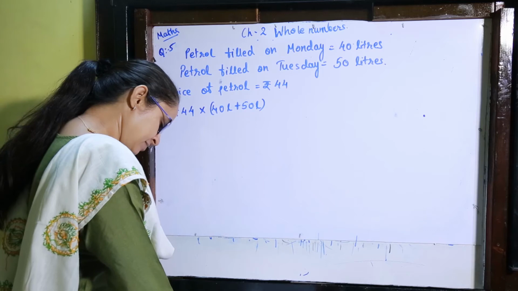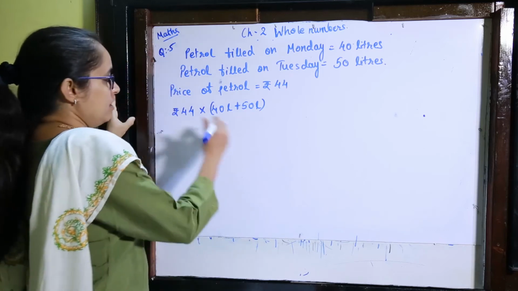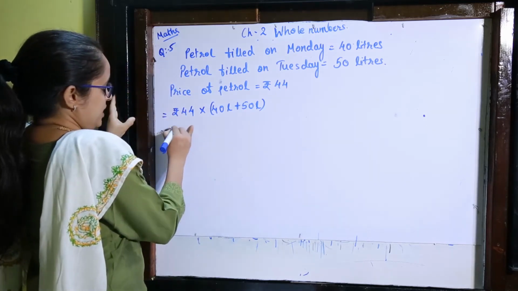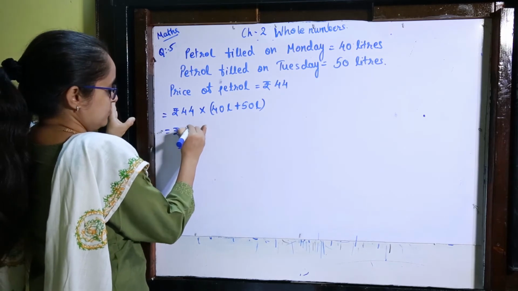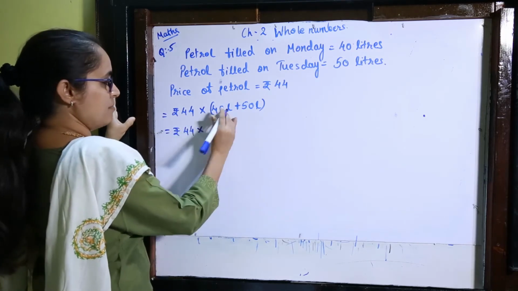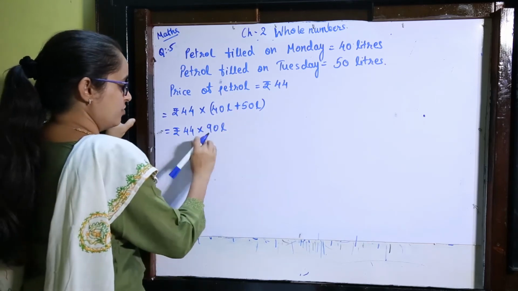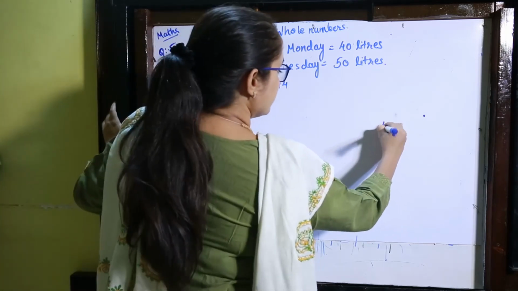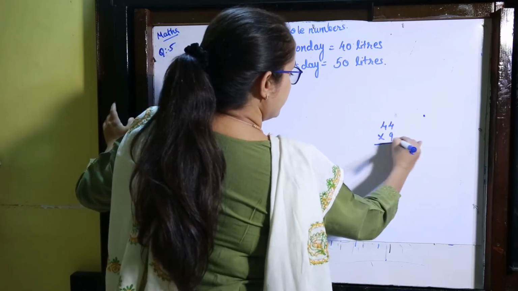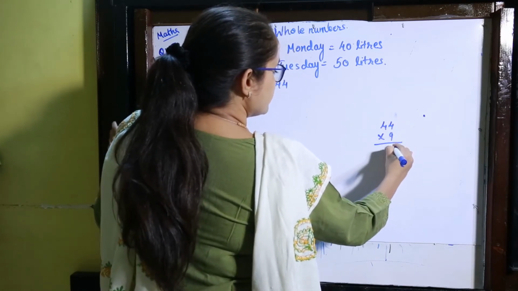So it will be rupees 44 multiplied by 50 plus 40, 90 liter. Correct? So 44 multiply by 90. So 44 multiply by 9 first. 9 4s are 36.